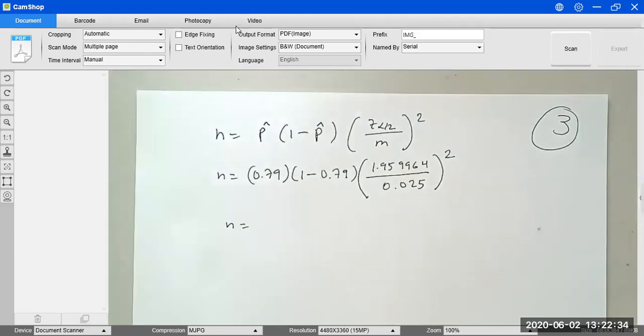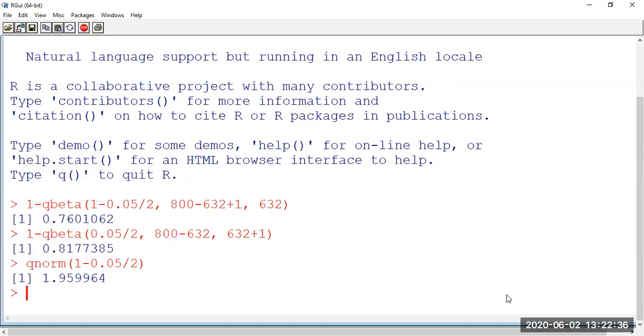So we have 0.79 times 1 minus 0.79, times parentheses 1.959964 over 0.025, and we're going to square this last fraction.